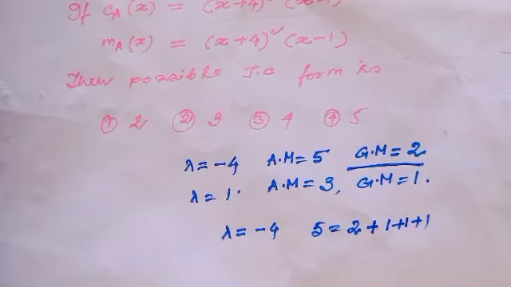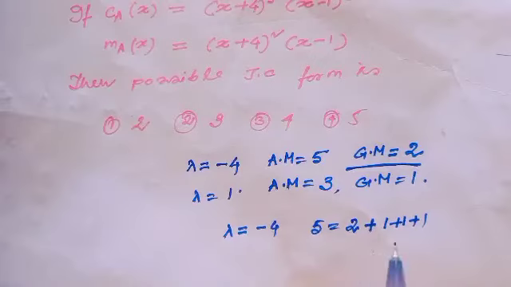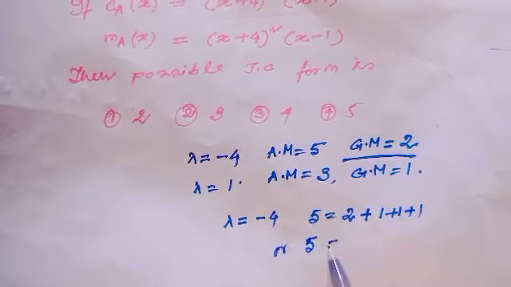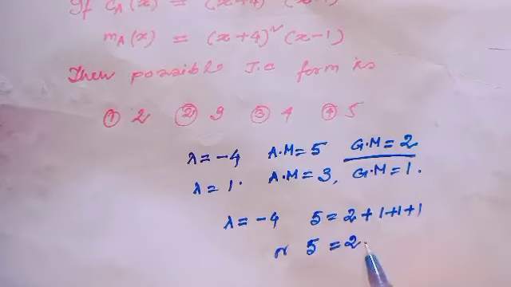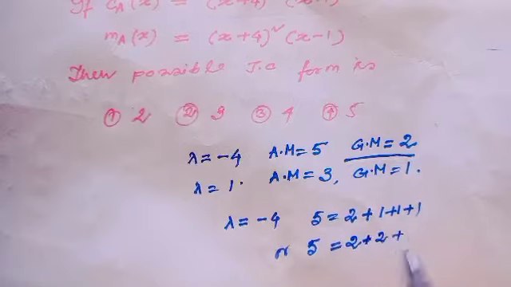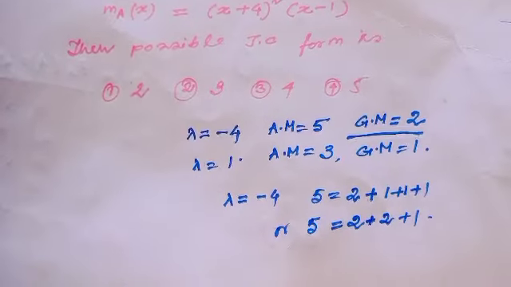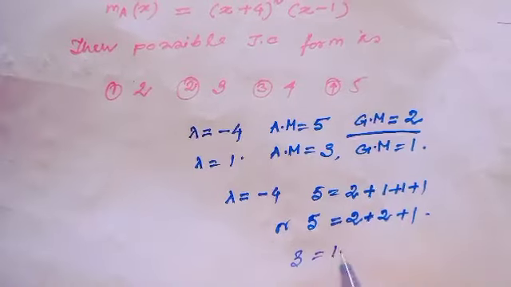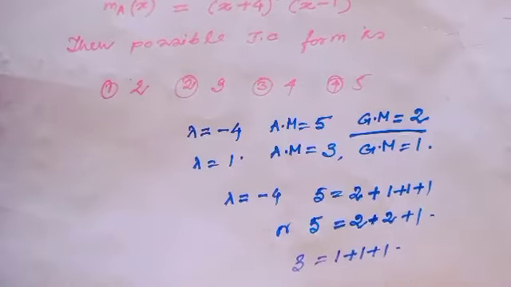Are you getting? Also, we can write this otherwise, 5 equal to 2 plus 2 plus 1, since the highest possible Jordan block is 2. And we can write 3 equal to 1 plus 1 plus 1.